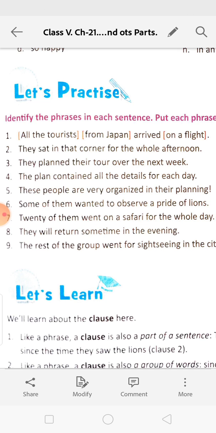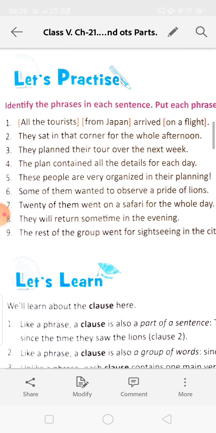These people is a phrase, very organized is a phrase, and in their planning is a phrase. Some of them wanted to observe a pride of lions. Some of them is a phrase, to observe is a phrase, a pride of lions. The last three you do by yourself.